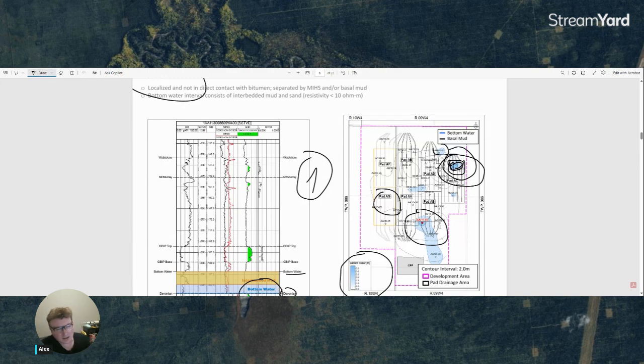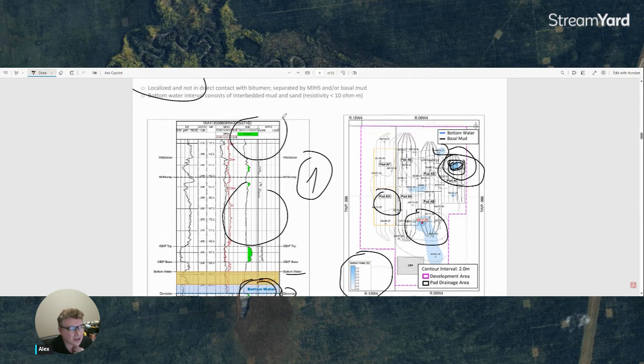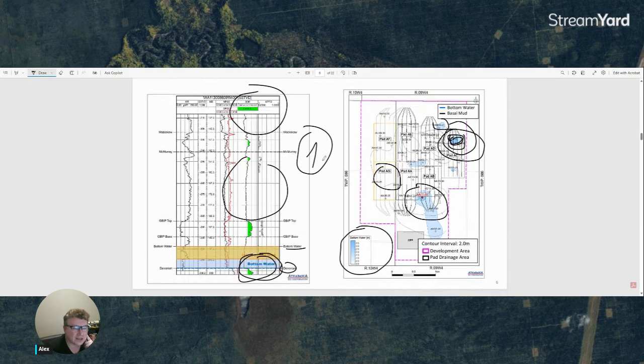So people that deal with hydrology and hydrogeology will be able to better understand the bottom water and the water saturation in the core, and maybe if you have a top water situation, and really identify, even based on composition of the type of water that's being produced, what's the origin of that water.